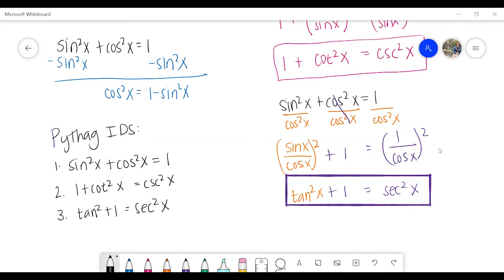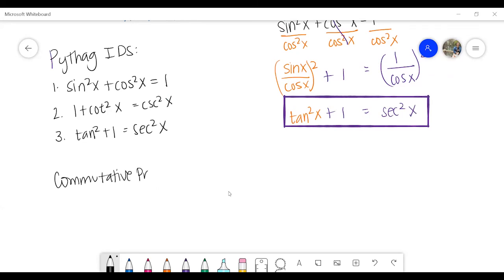Now, with the middle two, actually with the first one as well, remember we have what we call the commutative property of addition. And just a quick idea of what that means. That means that I can add two things in any order and they're still the same, right?